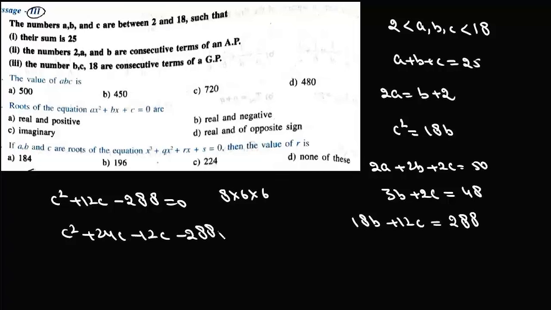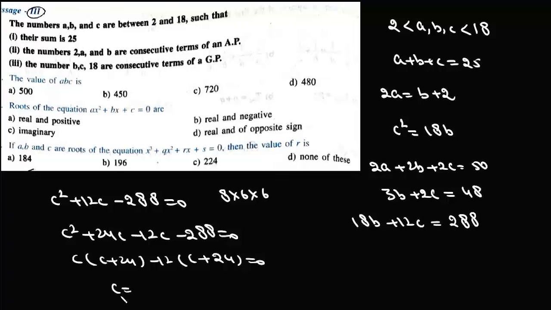Now 18B is C square. So we can write C square plus 12C minus 288 equals 0. Now 288 is 8 into 6 into 6. So we can write this as C square plus 24C minus 12C minus 288 equals 0. That gives (C plus 24)(C minus 12) equals 0.